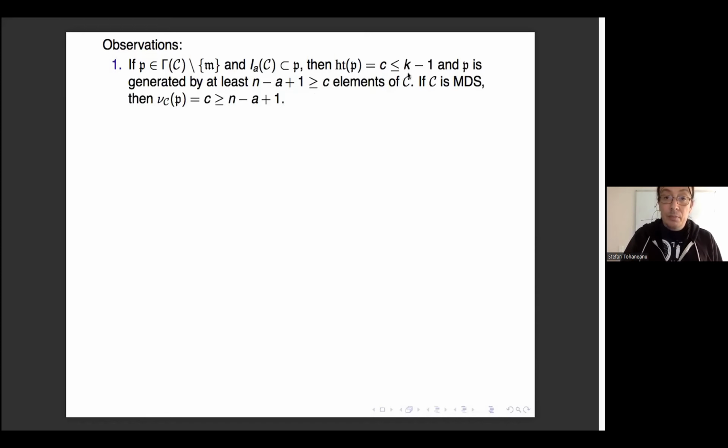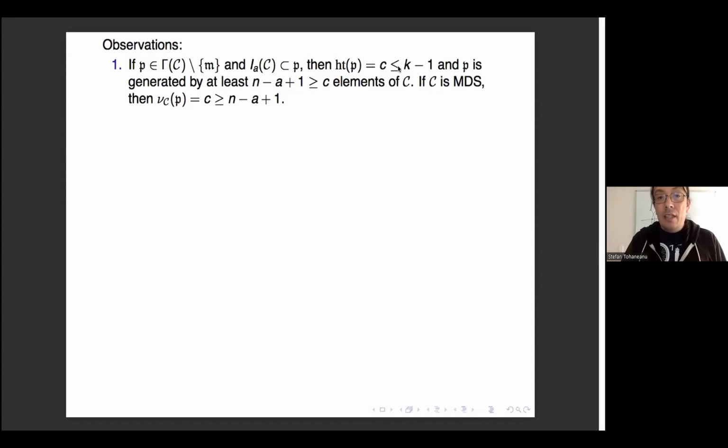of big calligraphic C. Now, if C is MDS, then all the linear forms that belong to P cannot have any linear dependence between them, because we know that any k of them are linearly independent.